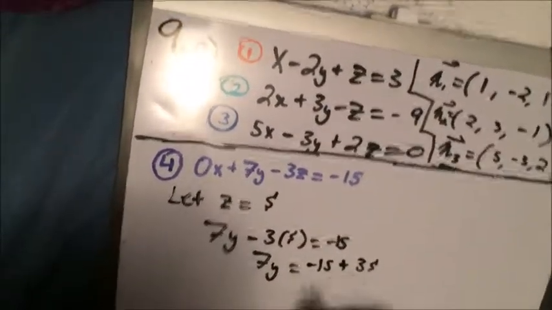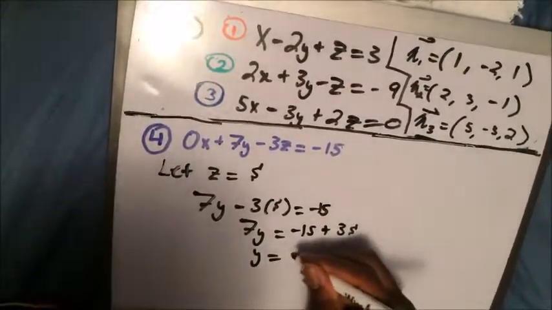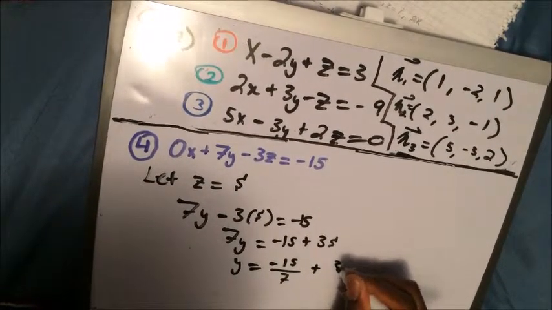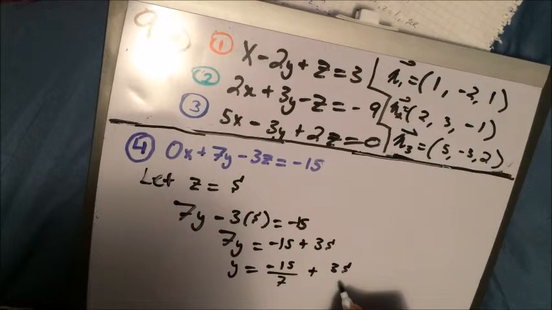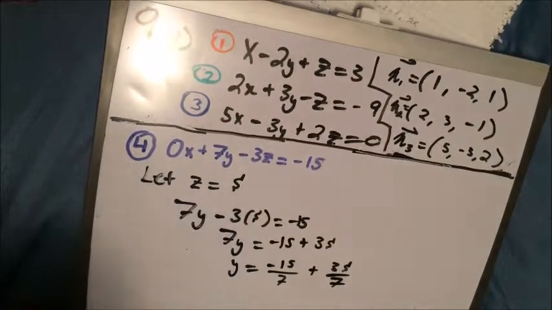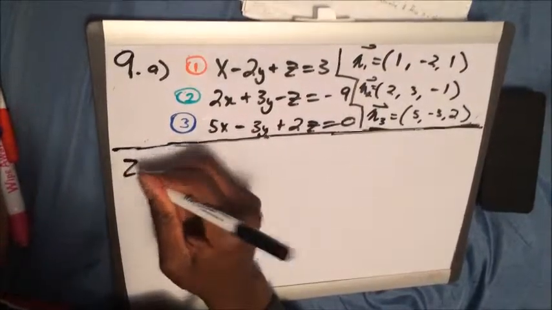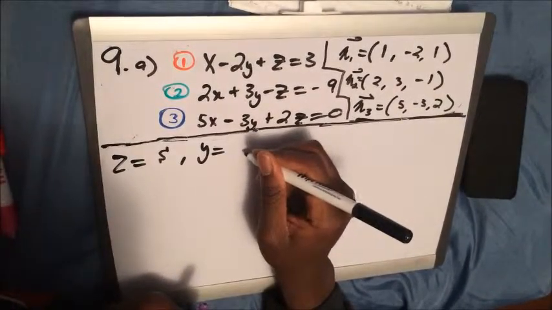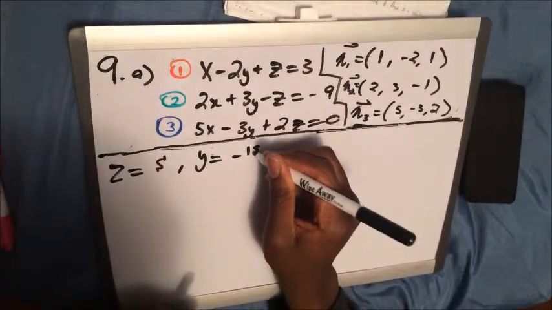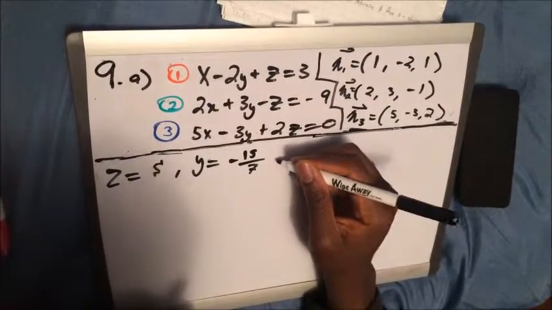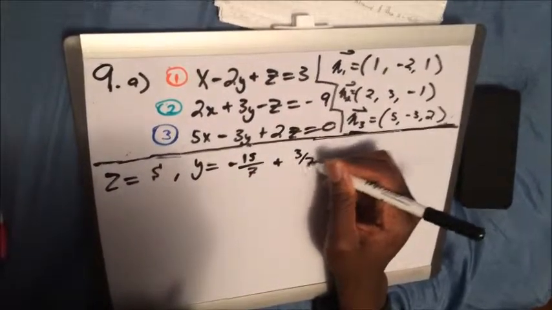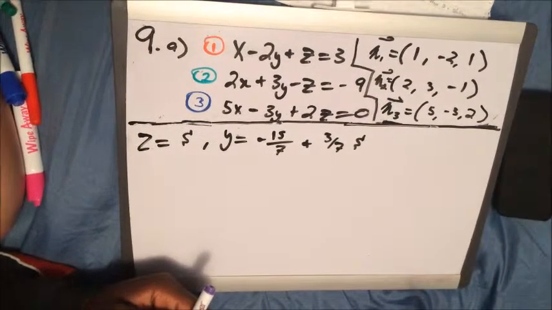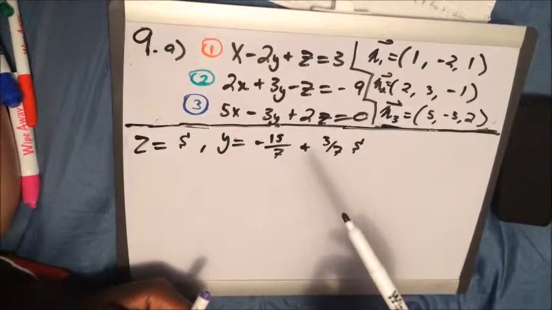And then we're going to divide both sides by 7 to get y equals negative 15 over 7 plus 3s over 7. Okay, so we know z in terms of s, and we just found out what y is in terms of s, which was negative 15 over 7 plus 3 over 7s. Okay, now all we need to know now is we have to determine x in terms of s.